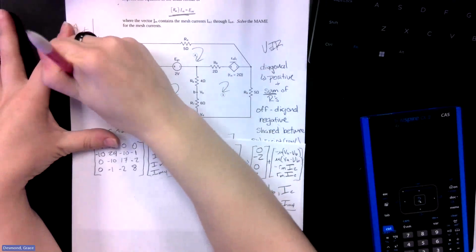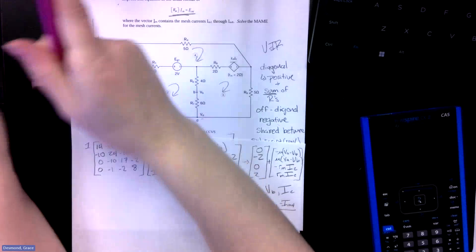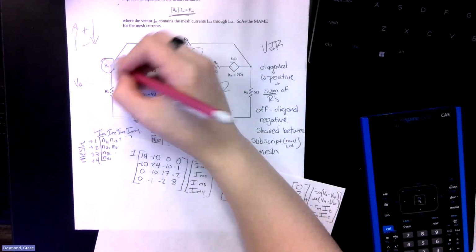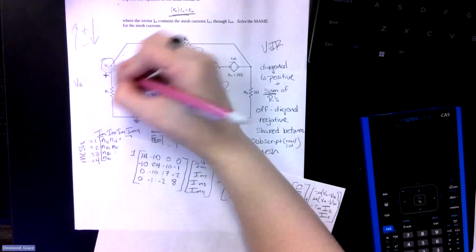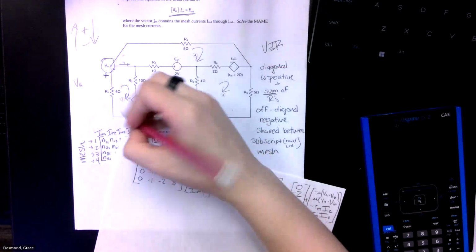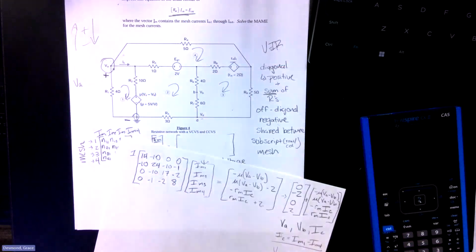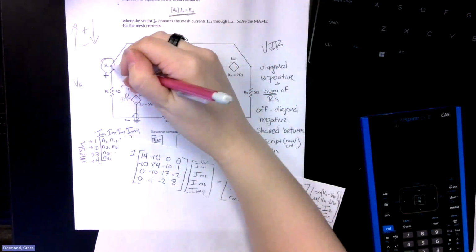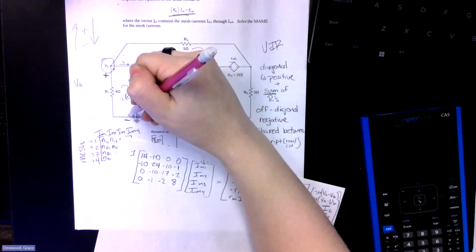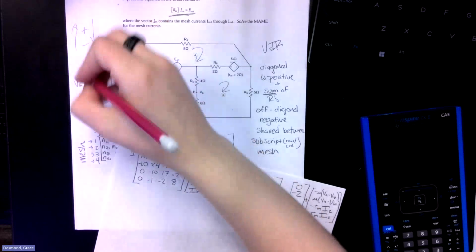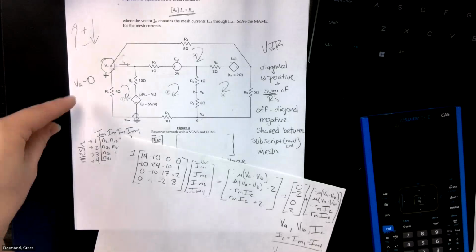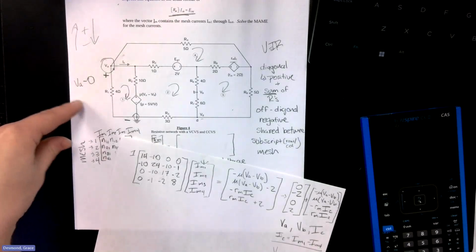Let me put it this way. Let's draw VA as positive, right? So this is what we're looking for, because we're looking for a voltage drop. Ground is negative. Do we agree with that? So this voltage drop here is what I just wrote. VA minus 0, which is how we would solve for VA. How can we find that?